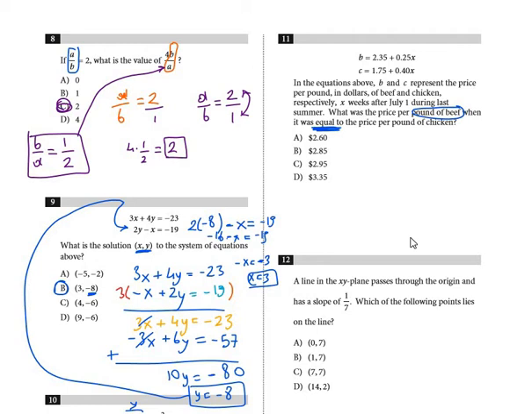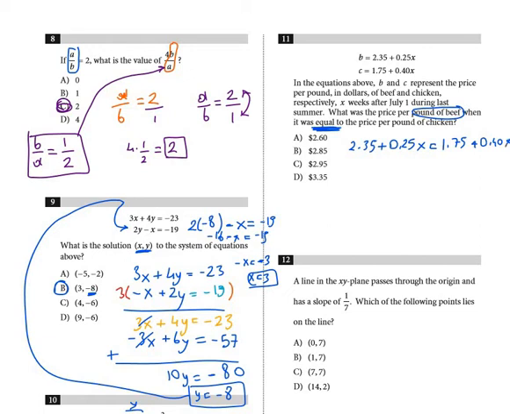This means I can set them equal to each other and solve for x. So I can find the x value by setting each function equal to the other. That's going to give me the intersection of the two functions: 2.35 plus 0.25x equals 1.75 plus 0.40x.